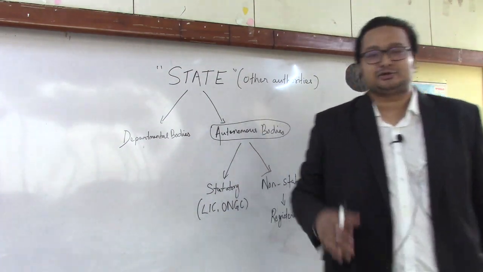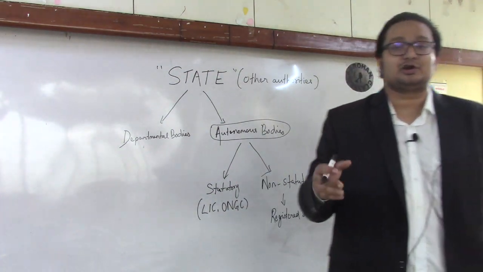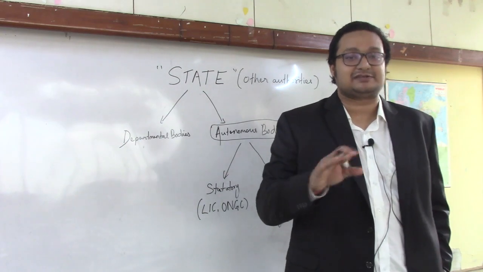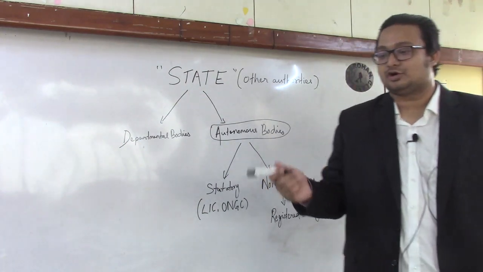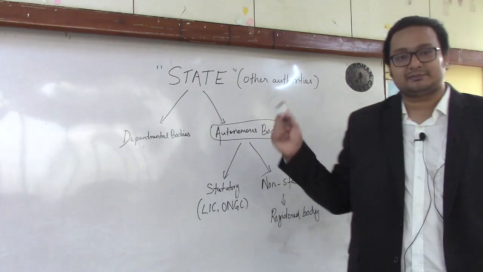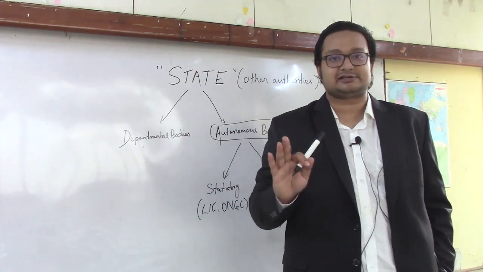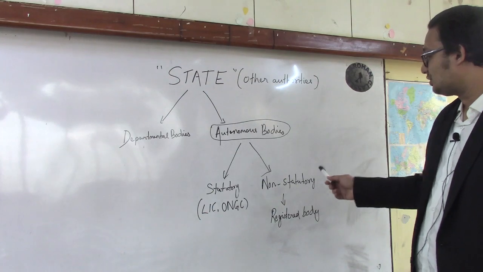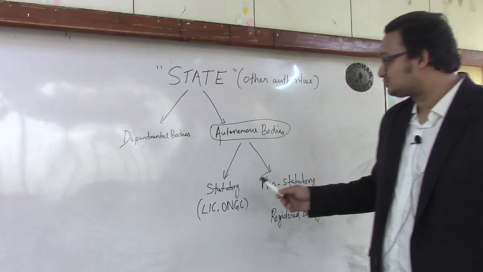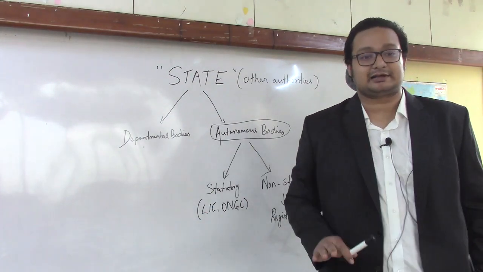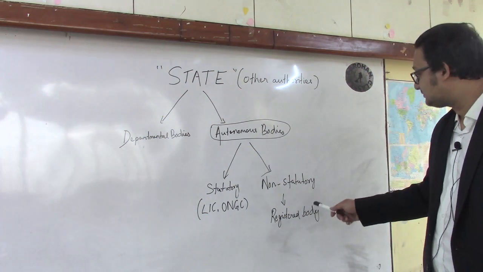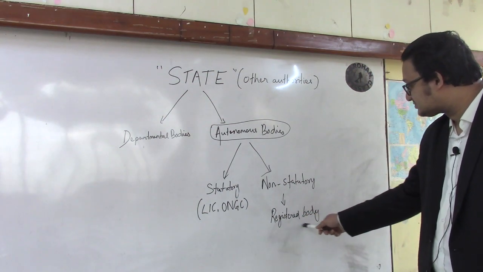A non-statutory body is something that is not established by a specific statute, okay? Your LIC is established under the Life Insurance Corporation Act. It's a specific law that has established it. But a non-statutory body is something that is not established under a specific act, but it would probably be a registered body.